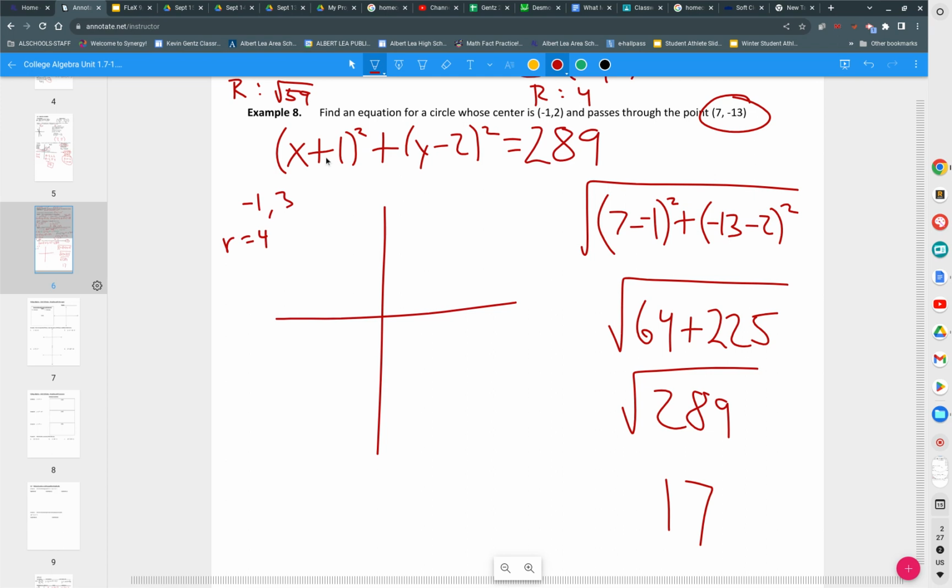I just want to show you when I say graph the circle how quickly this can go. I go back 1 and up 3 and I put a dot. And then I just go 4 units in each direction. Draw the circle. That's all we're talking about. Plot the center, move 4 units in each direction, try to draw the circle. And then make fun of each other by how ugly your circles look.